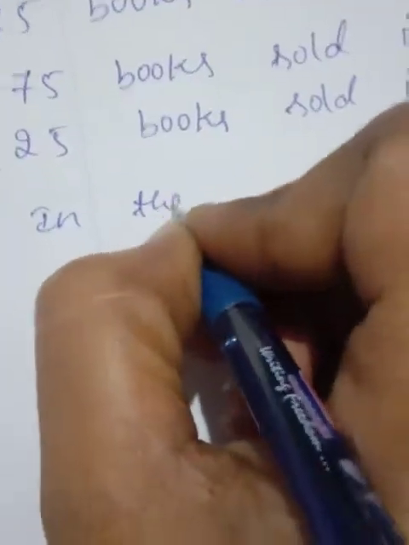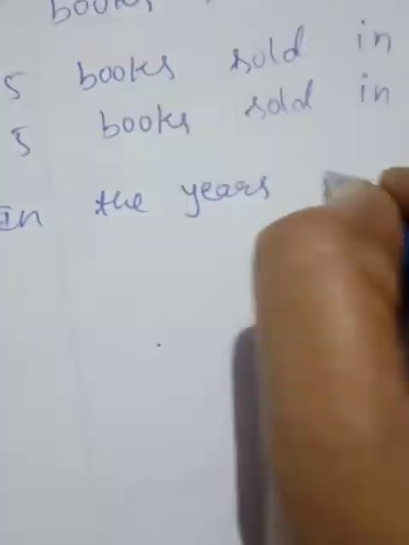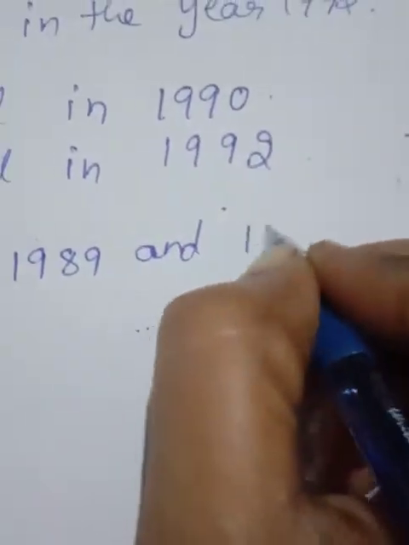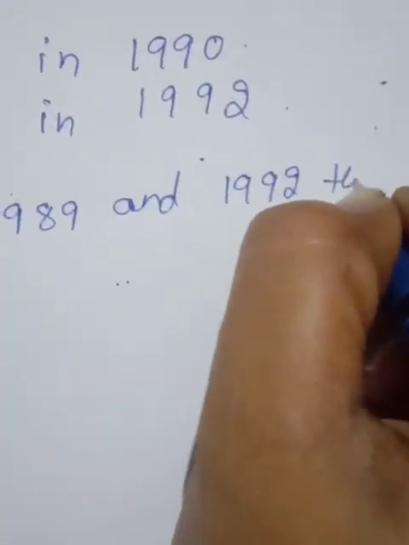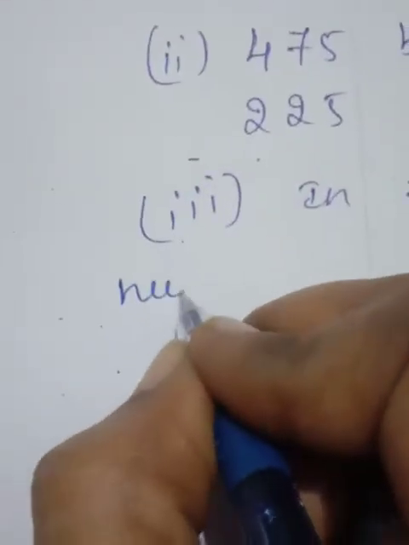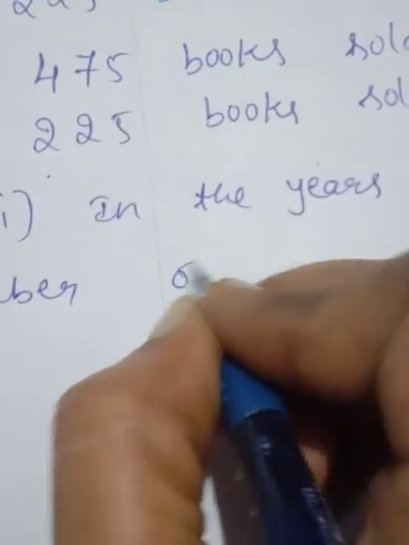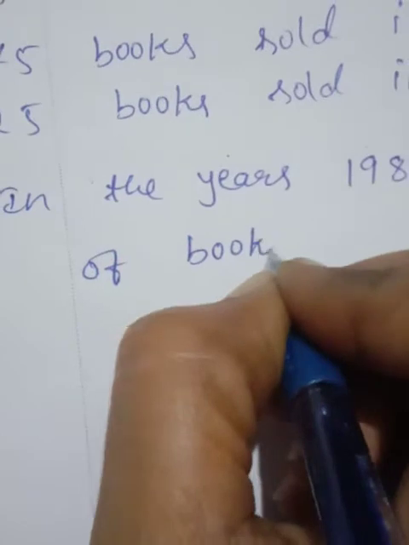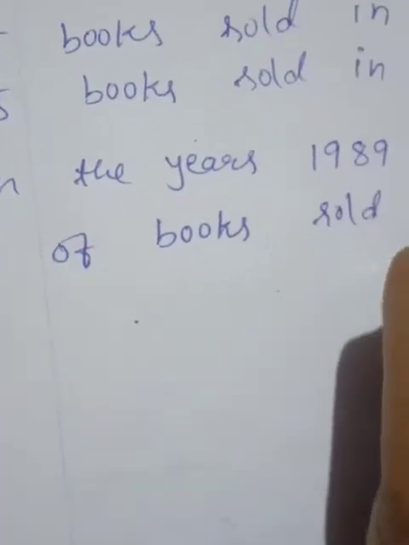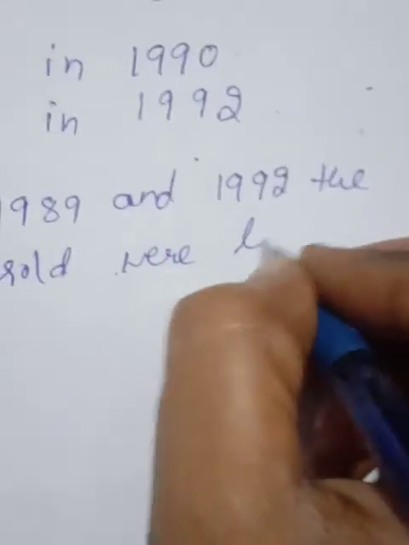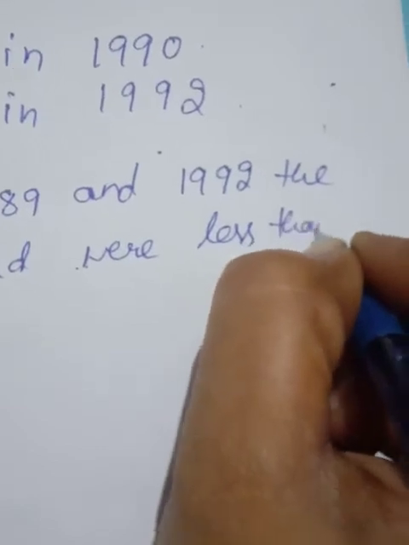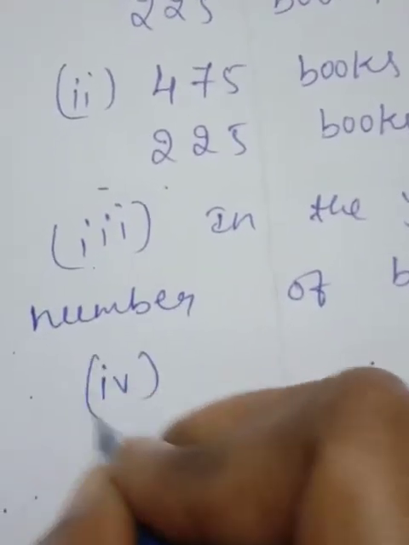In the years 1989 and 1992, the number of books sold were less than 250.